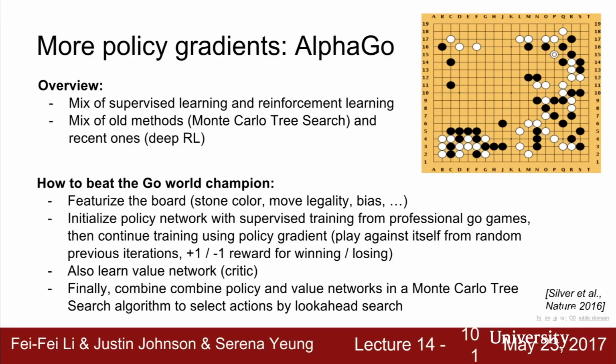So what is this AlphaGo agent from DeepMind? It's based on a lot of what we've talked about so far in this lecture. It's a mix of supervised learning and reinforcement learning, as well as a mix of older methods for Go, Monte Carlo tree search, and recent deep RL approaches. So how does AlphaGo beat the Go world champion? What it takes as input is a featurization of the board, basically your board and the positions of the pieces on it.